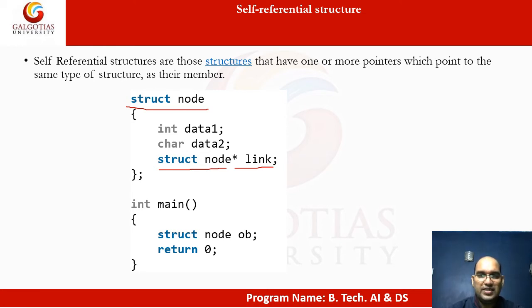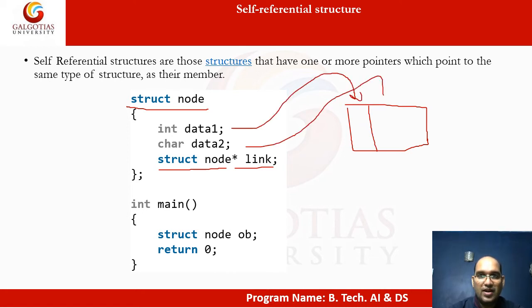But here what we are saying is that we have the structure like this, right? In which we have a few fields. Suppose the first one is data, so this value will come here. Then you have data 2, that value will come here.